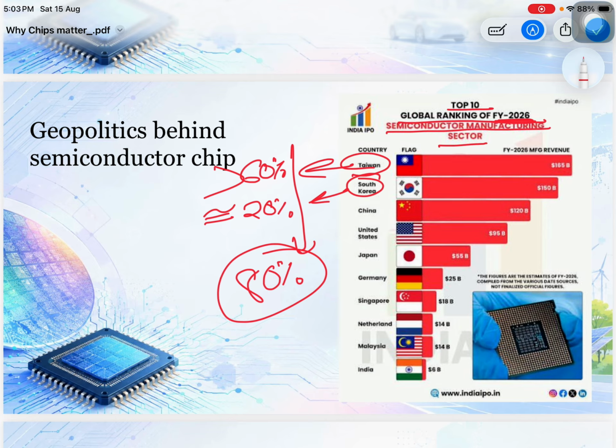So you can see, when two countries, and if you know geographically, these two are really small countries with a huge ecosystem of semiconductors, every global power, every geopolitical power would like to advance in this sector. So this brings us to why we also need to progress in the semiconductor industry, in the semiconductor ecosystem.